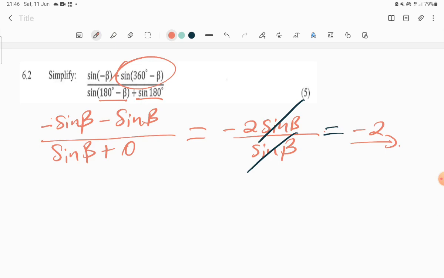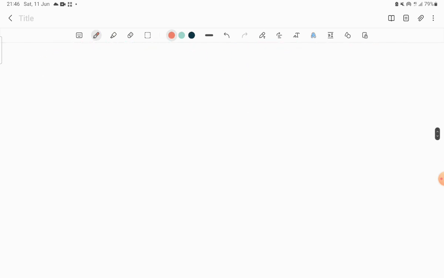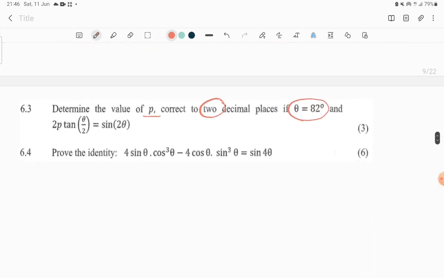Now let's come to the next question. Let me check, what is it? Here they say determine the value of p, correct to 2 decimal places, if theta is equal to 82, and this expression is equal to the expression on the other side.